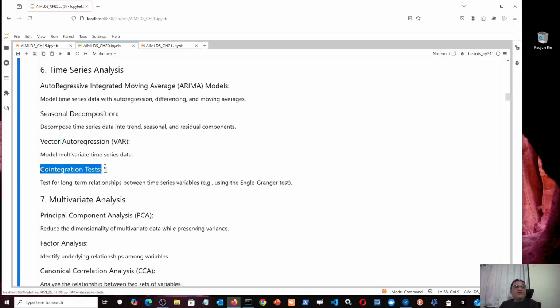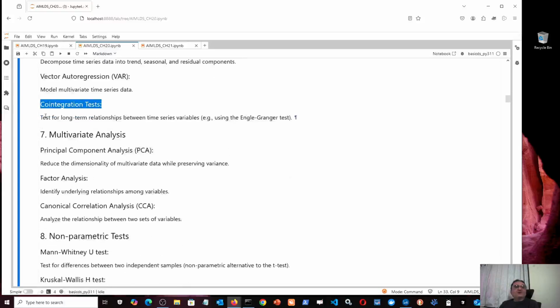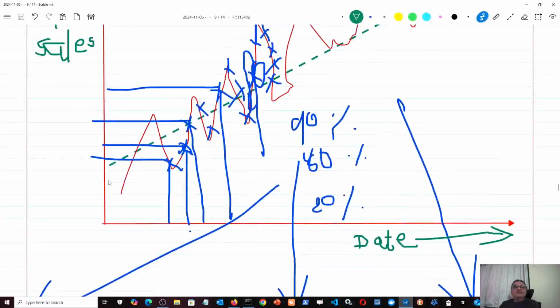Then cointegration tests are done. For long-term relationships between time series variables, certain cointegration tests are required. What do long-term relationships mean? For example, in the stock market, if you want to predict the price after 2 days, that is relatively considered an easier task. Of course, accuracy may vary, but you can predict it with reasonably good certainty.